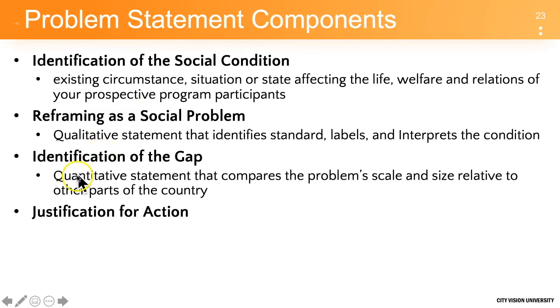And here you can see it's a quantitative statement, and that gives hard numbers. So what you're doing is you're comparing the existing to other areas. Now, it's really helpful to make sure that you're trying to compare apples to apples as much as you can. Make good comparisons.